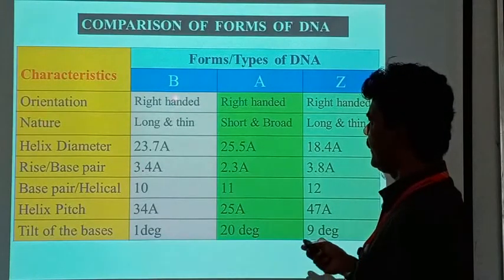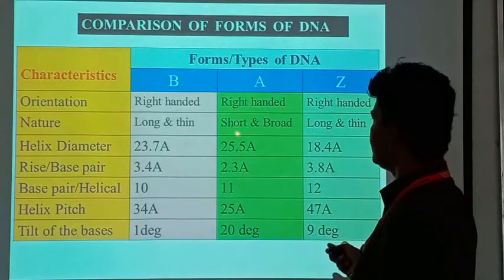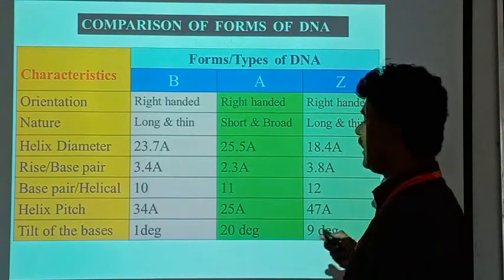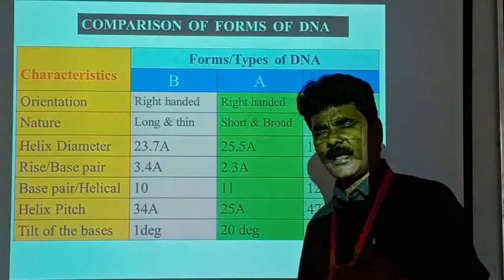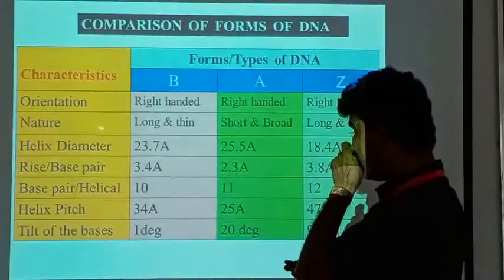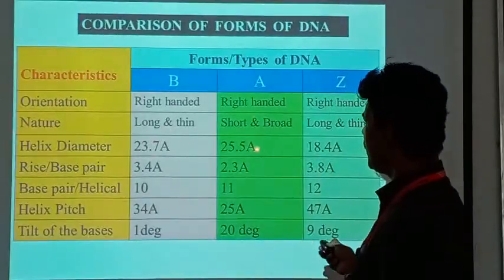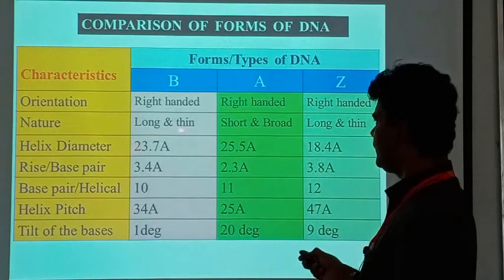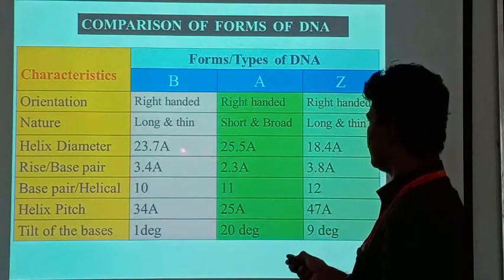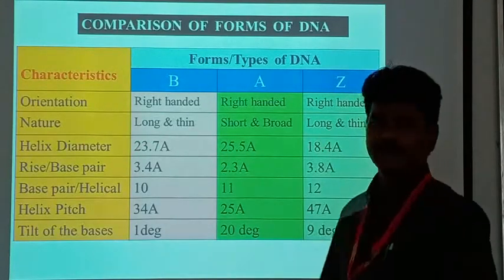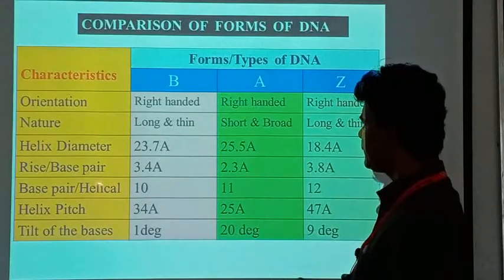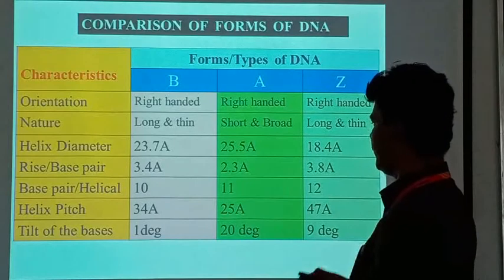Nature, first is long and thin, A is short and broad and Z is longer and thinner. Helix diameter, these both have 23, 25, near about, but Z is different. Then number of base pairs 10, 11, 12.